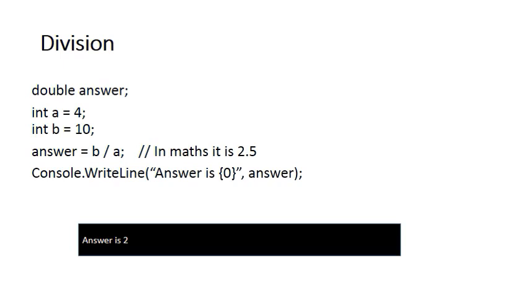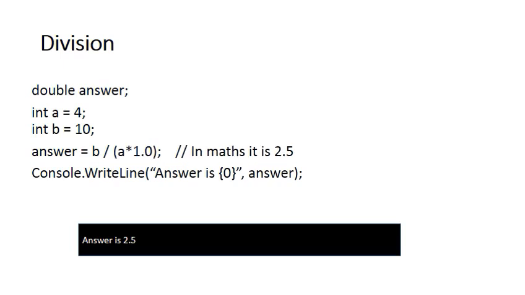But it's very important to understand that C# first evaluates the expression on the right hand side. It ignores what the variable is on the left hand side. So although there's a double on the left hand side, B divided by A, because they are both integers, is still 2. So it still assigns 2 to answer and not 2.5.